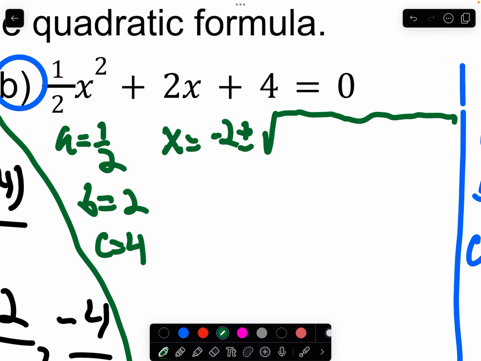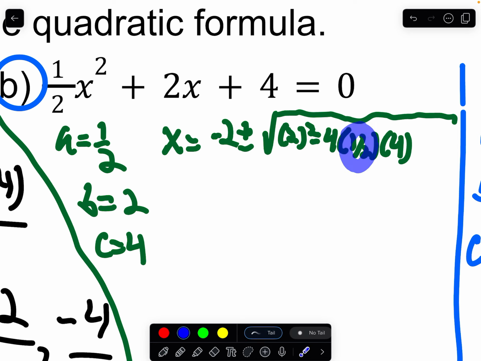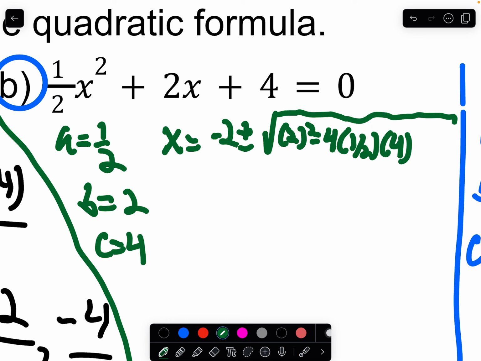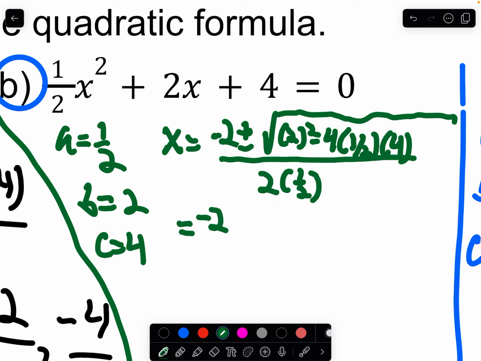B squared, it'll be 2 squared, minus 4 times a half times 4, 4ac, all over 2a, which is 2 times a half. 2 times a half is 1.